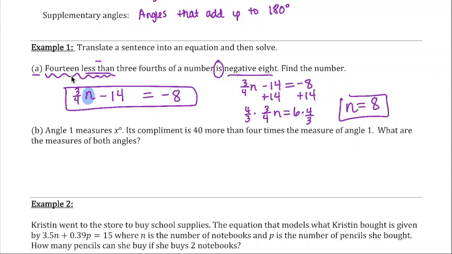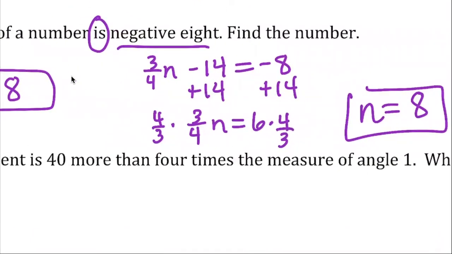The reason is because when we start solving, between multiplying by 3/4 and subtracting 14, the first thing that we always undo is anything that's being added or subtracted. Here, because I'm subtracting 14, to undo that, we're going to add 14 to the other side. That cancels this out. -14 plus 14 is 0.